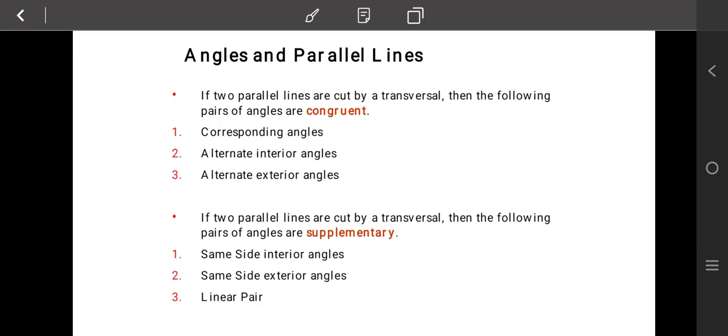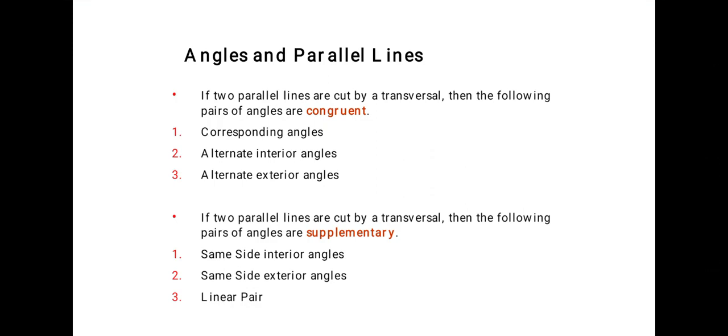Now, these are the angle pairs that are supplementary: same side interior, same side exterior, and linear pair. When you say supplementary, it means their sum is equal to 180 degrees. So your clue here is the words same side.